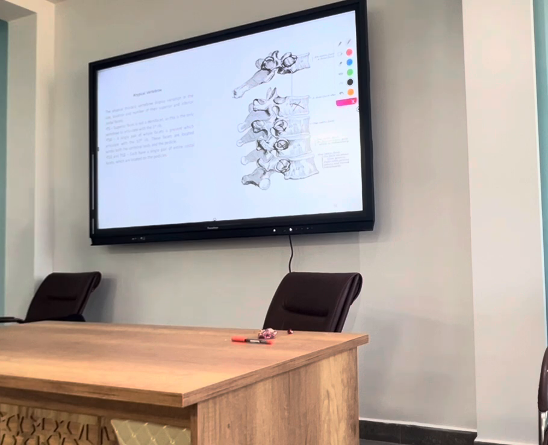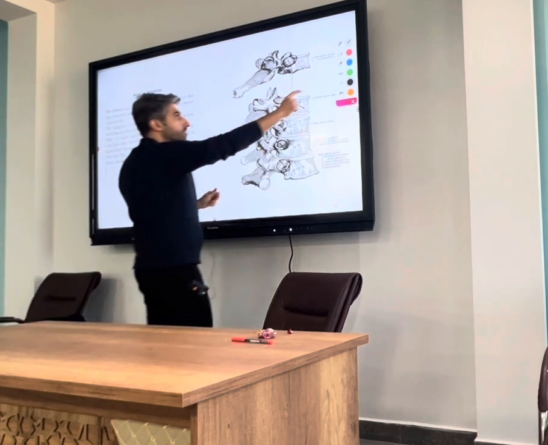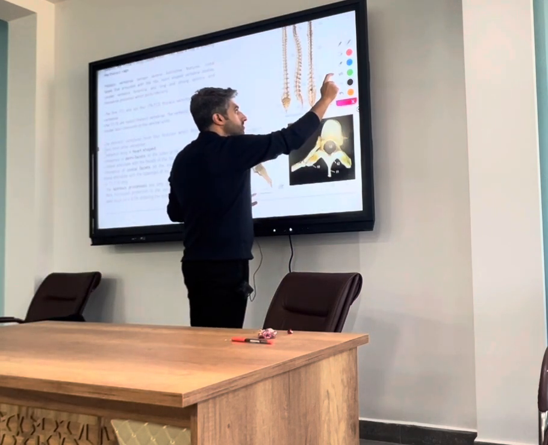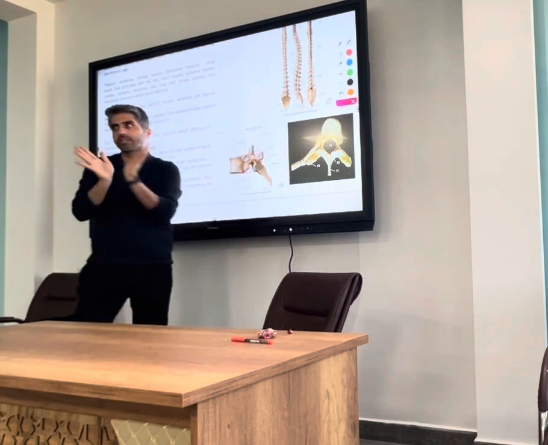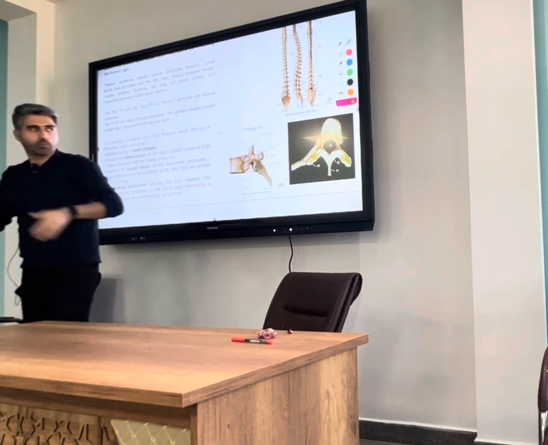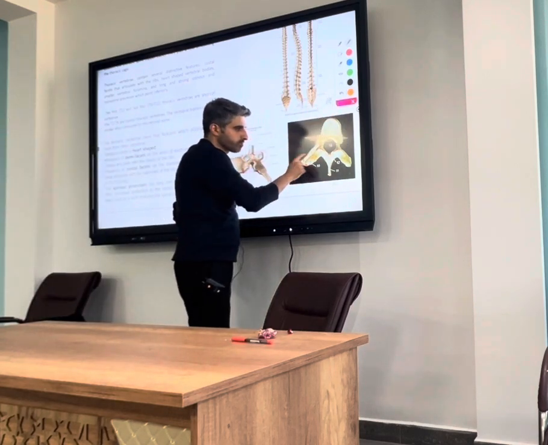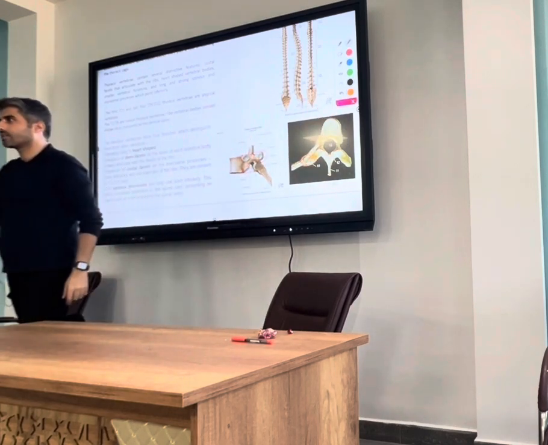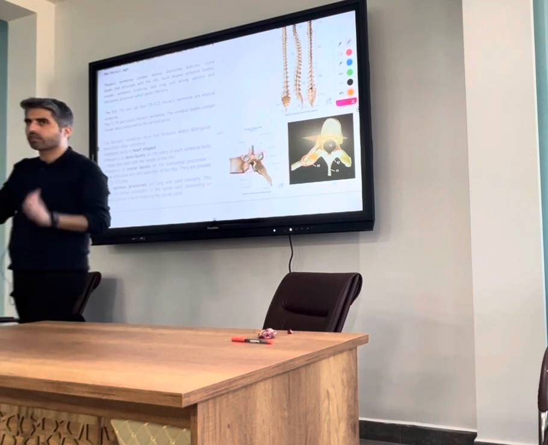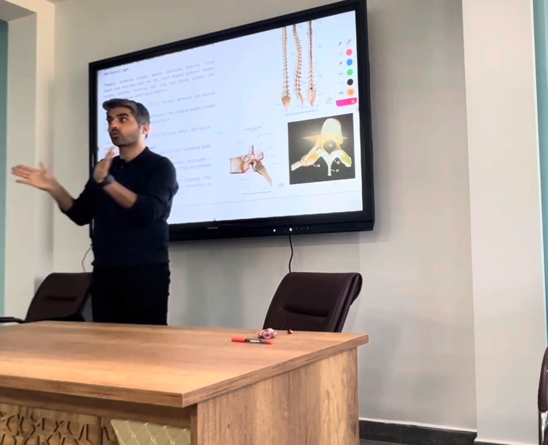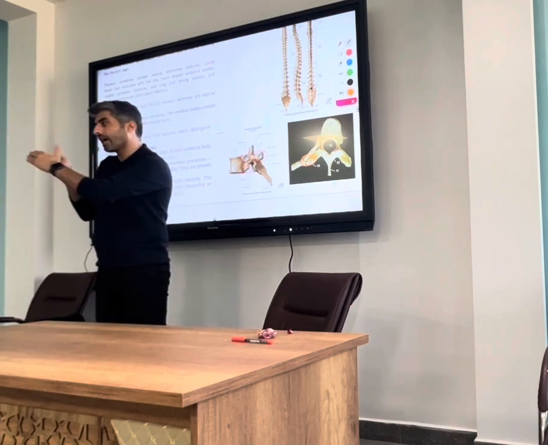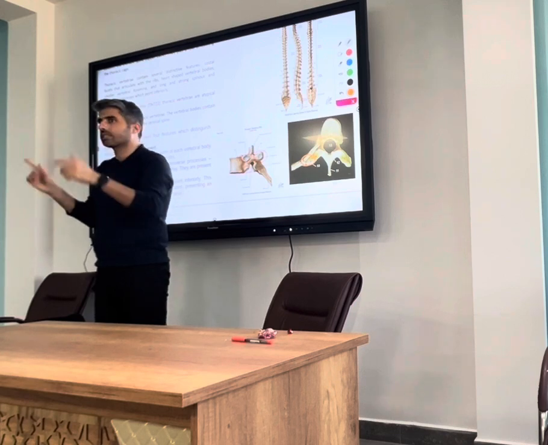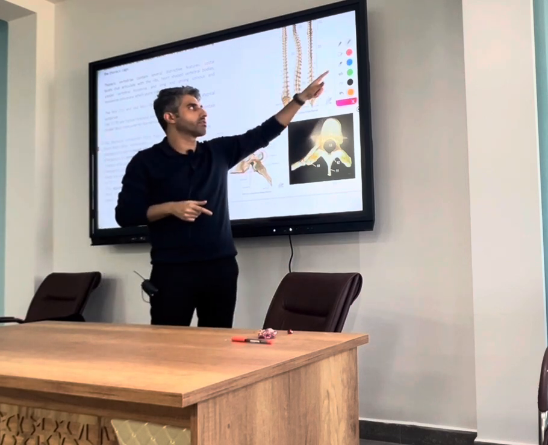Question. All of the ribs attach to the transverse process here, except 11 and 12. Yes. So all of the thoracic vertebrae have this surface, except 11 and 12.